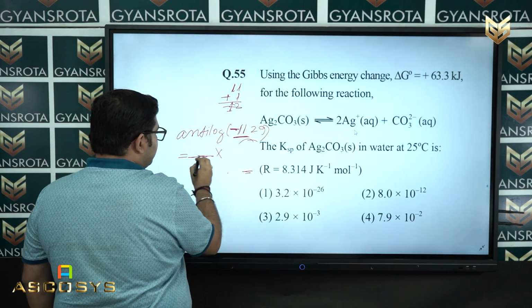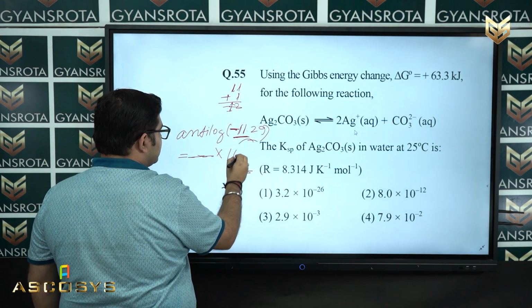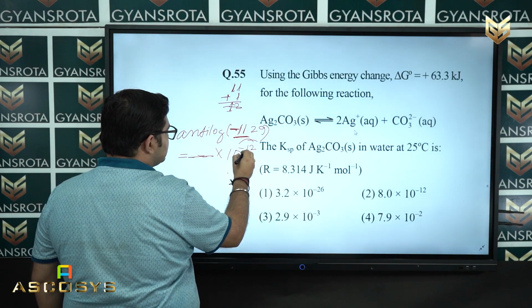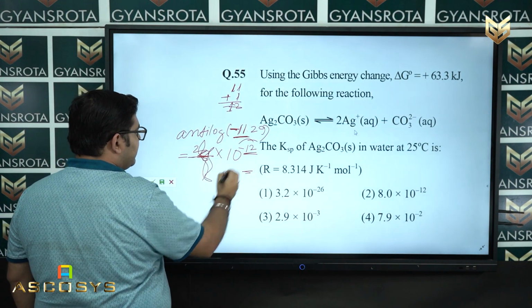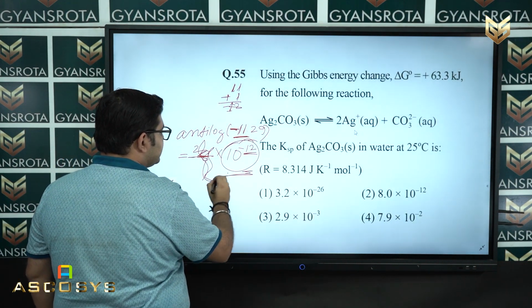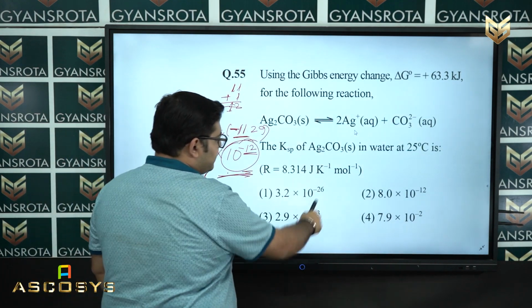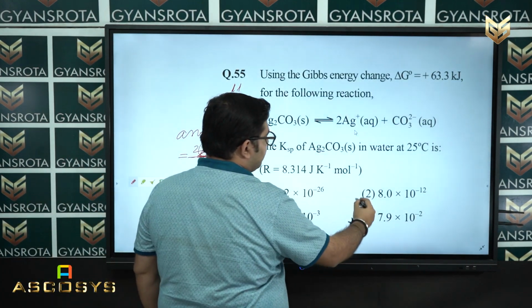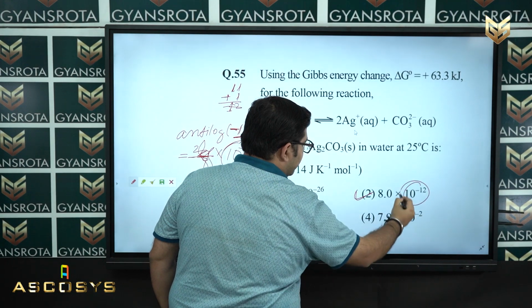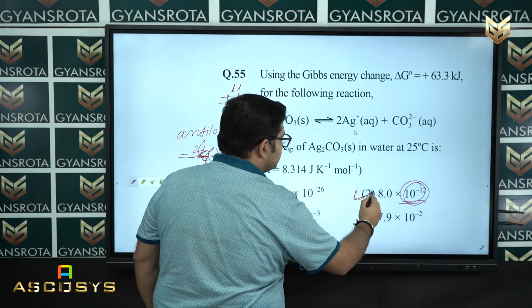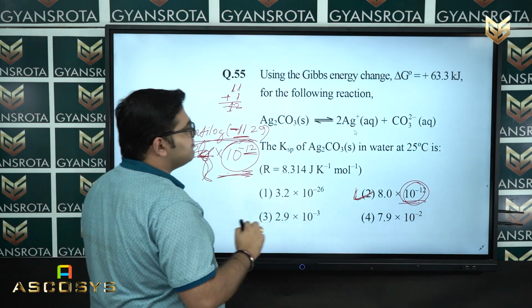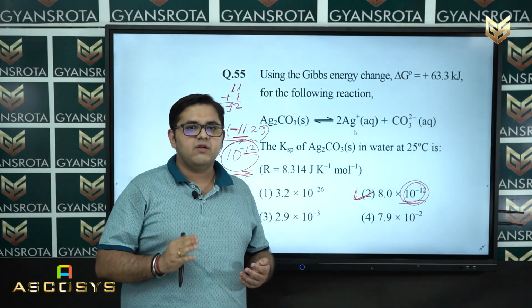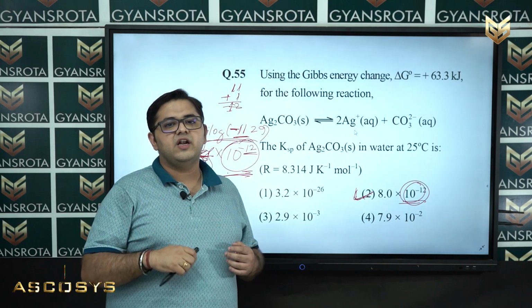So whatever value you are getting should contain 10 to the power minus 12. Something will be there, okay, that is not a big problem, but it should have this term, 10 to the power minus 12. Now if you see in your options, only option number 2 has this value, 10 to the power minus 12, and this is your correct answer. So this anti-log method is just a simple trick, okay, to solve without using the log table.